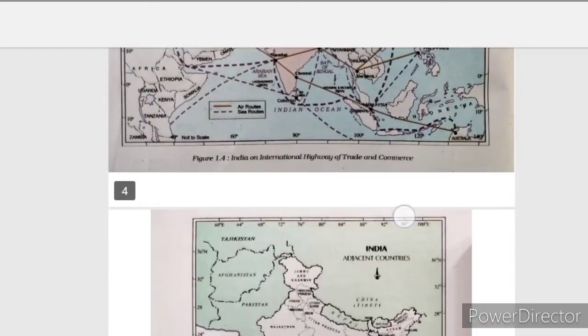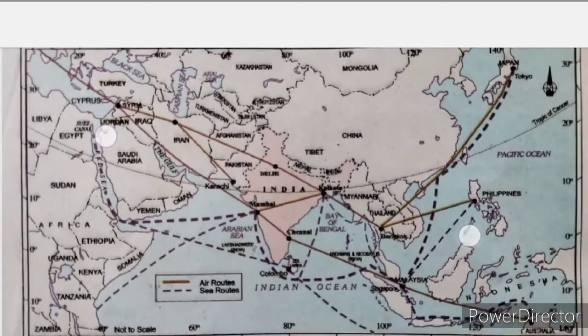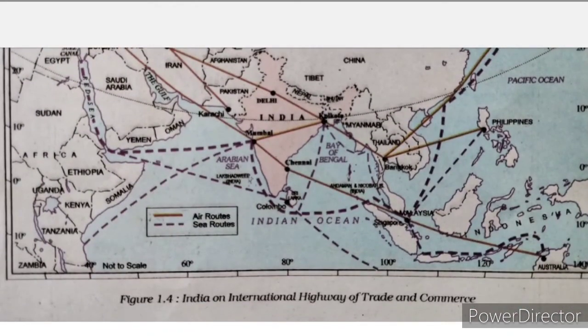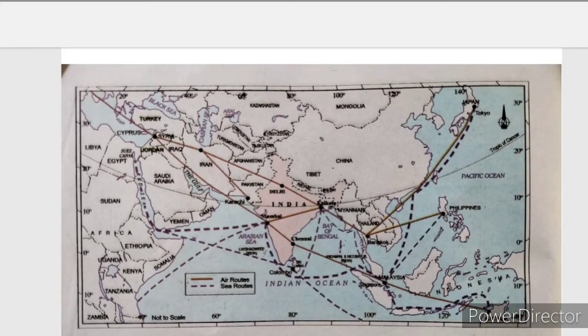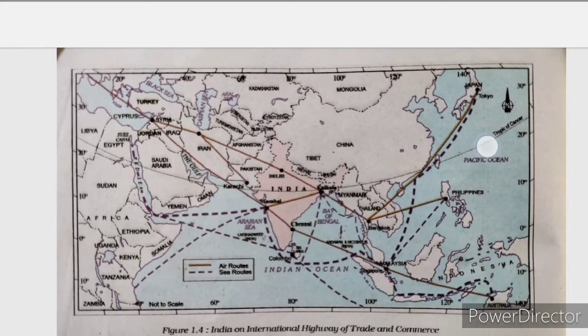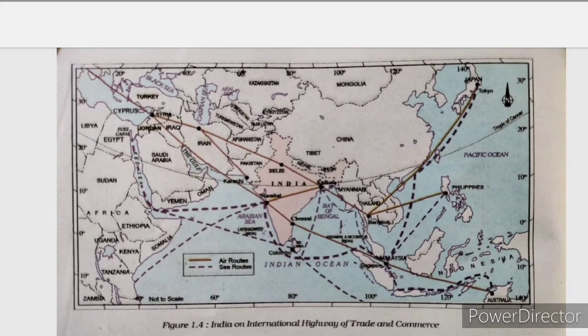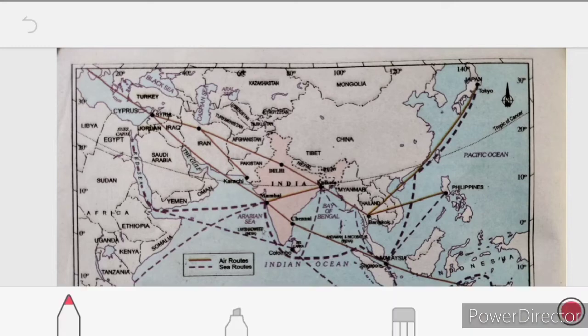Now we see the next map, figure 1.4, India on the international highway of trade and commerce. In this map we see the trade and commerce from India to other countries.